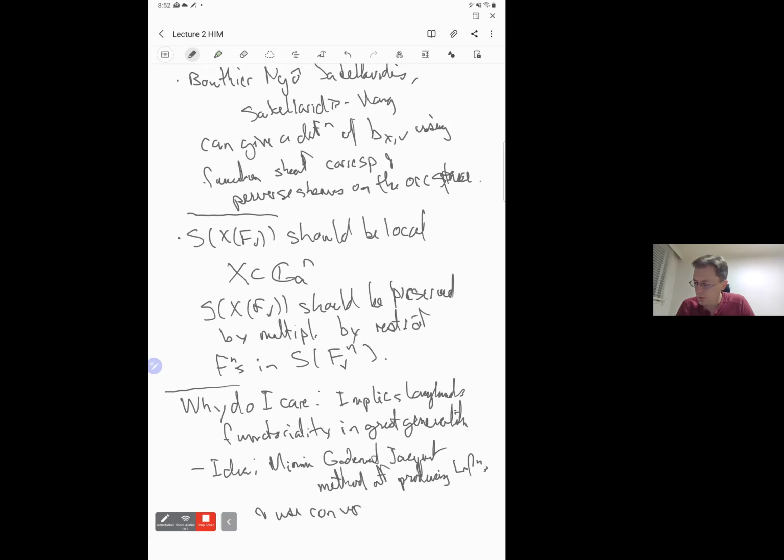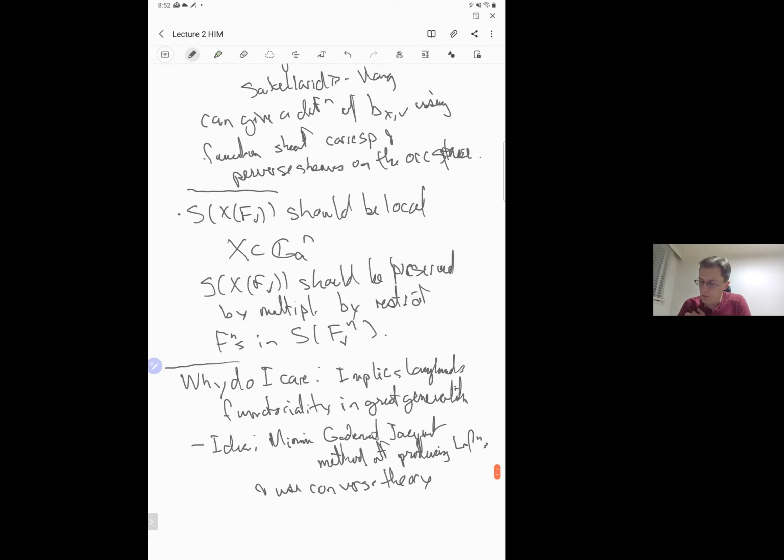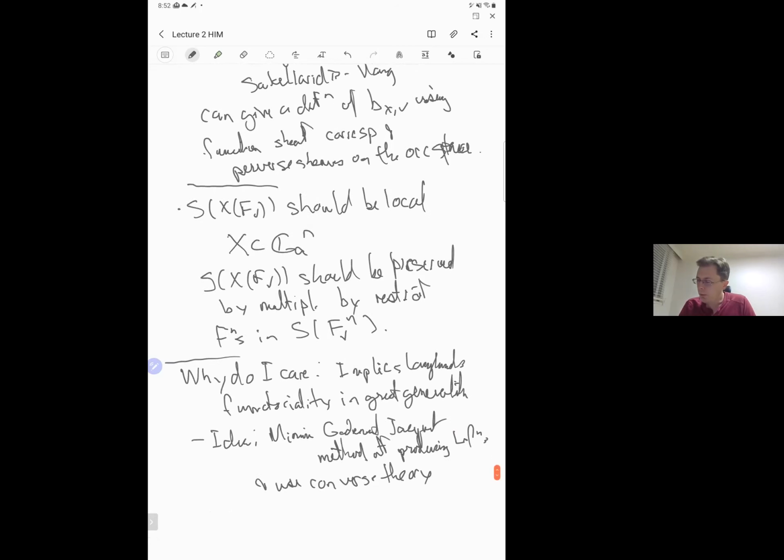I don't think this is really the venue to go into an in-depth discussion of this, but if you're not familiar with it, Godement and Jacquet's method is based on Tate's method, which is based on Hecke's, and Hecke's is based on Riemann's, and everybody already knows how to prove the functional equation for the Riemann zeta function.